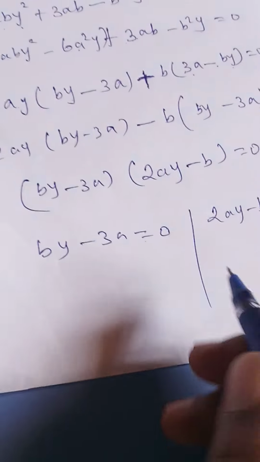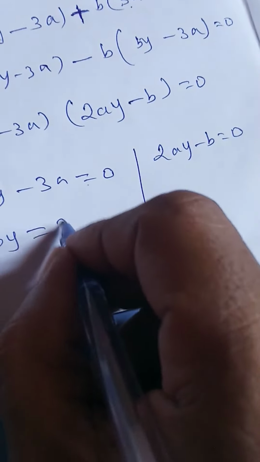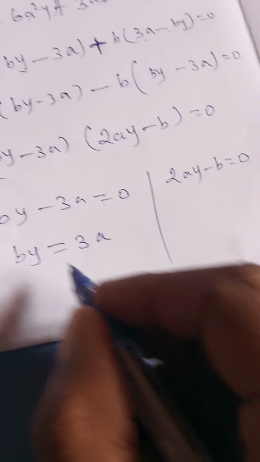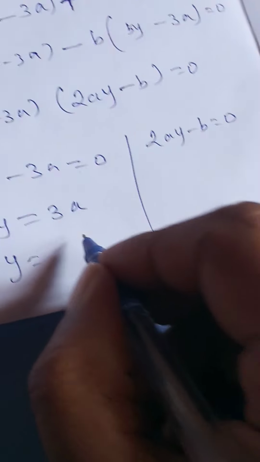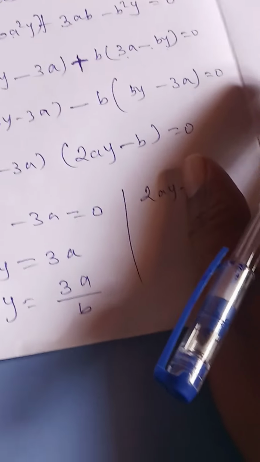Next, by minus 3a, on the right side plus 3a. Then y is equal to 3a divided by b. Then the y value: square root of x by a is equal to 3a divided by b. Square both sides, the root cancels.